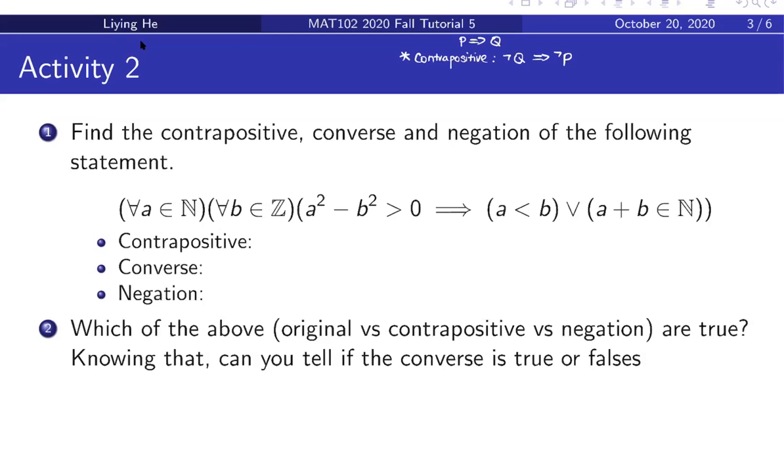Okay, so what's the converse of this? Anyone know what's the converse of the statement? Converse is just switching the position of P and Q. So converse is Q implies P. Okay? What about negation?